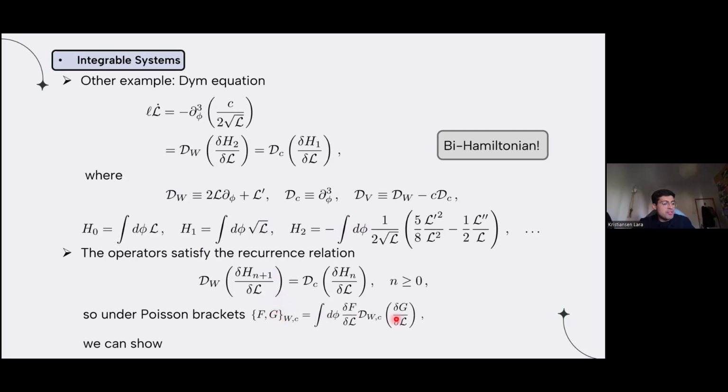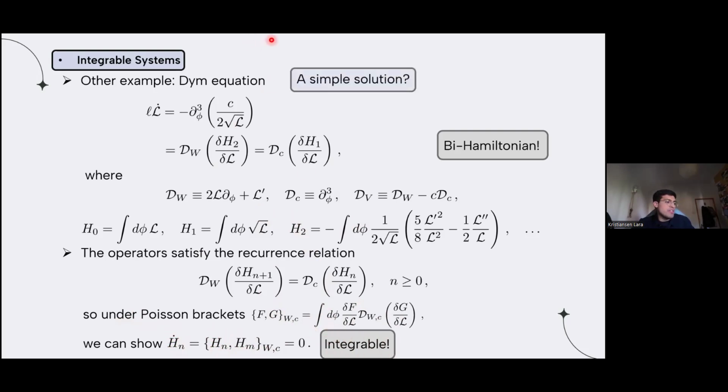So basically, under Poisson brackets, one can show that the temporal derivative of Hn is zero, or in other words, that all of the conserved charges of the integrable system are in involution. That's it. And notice that this unveils, of course, the integrability.